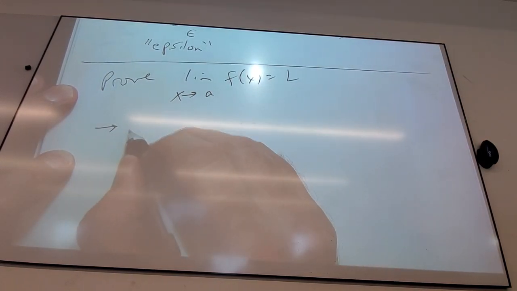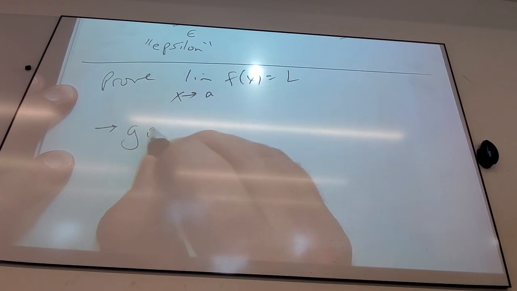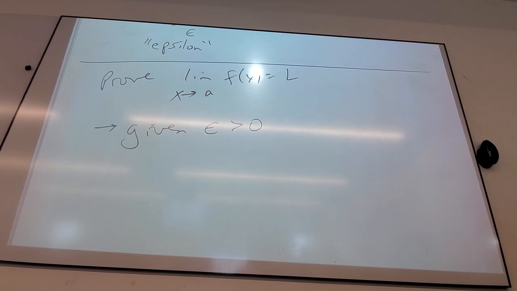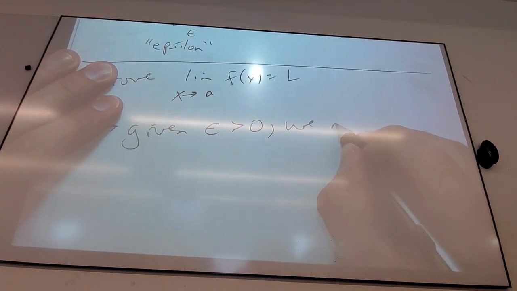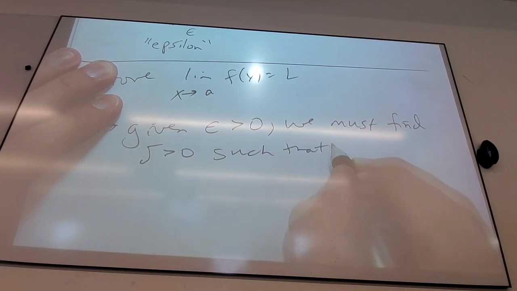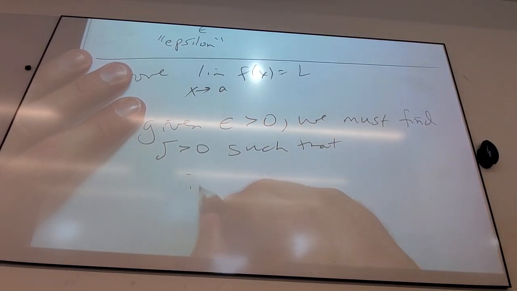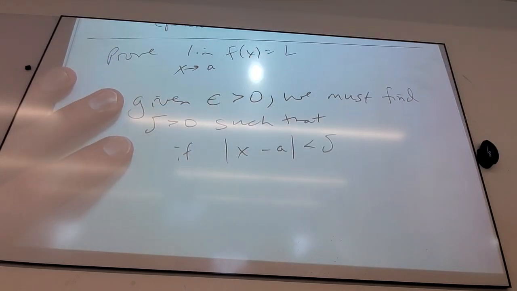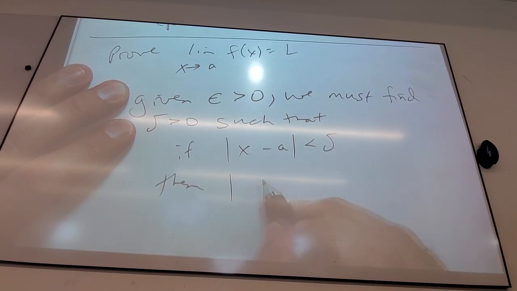We have to show, given epsilon greater than 0, that's the distance away from the limit on the y-axis, we must find delta greater than 0 such that if I am that close to my input, then I am as close as they want me to be to the limit.